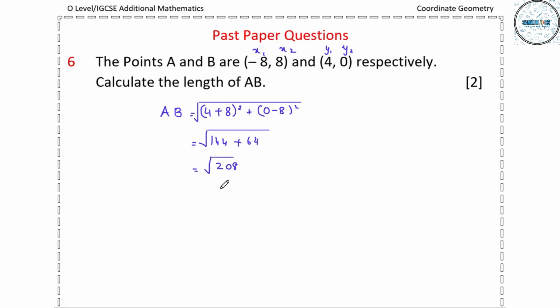You can write the answer as it is, or you can write it in decimal, or you can write it in simplified surd form. Simplified surd form for this is 4 under root 13. And the decimal form of this is 14.4, rounded off to 3 significant figures.